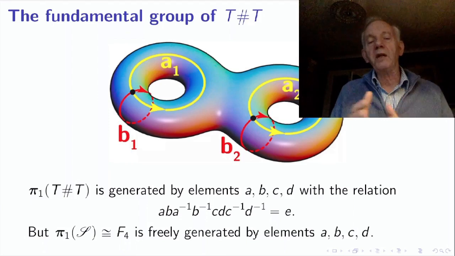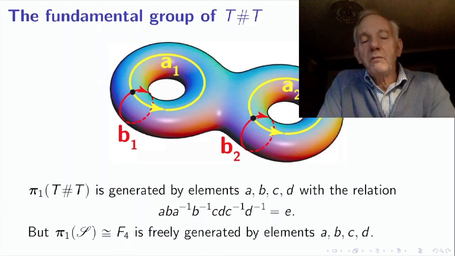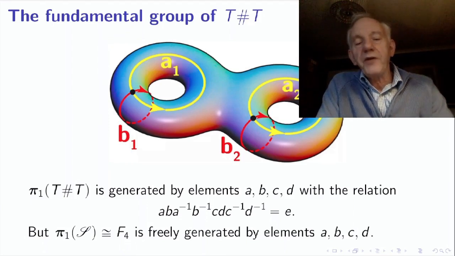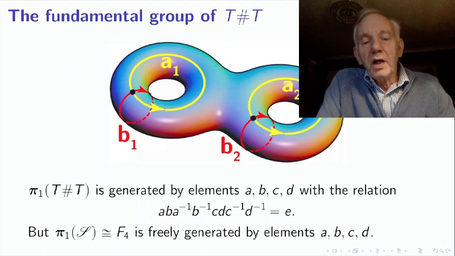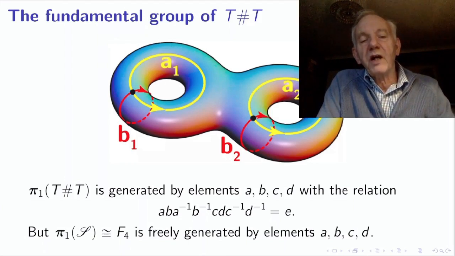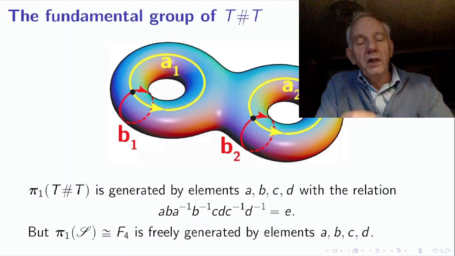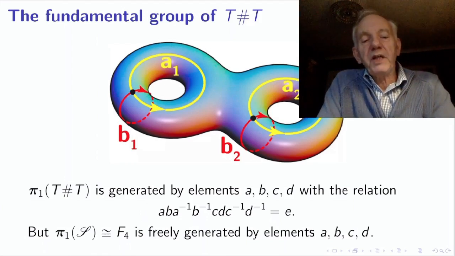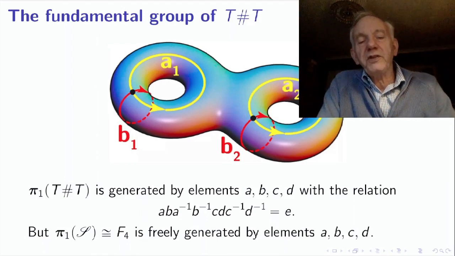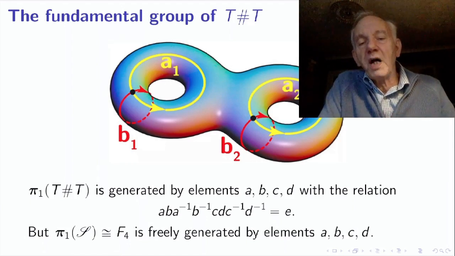These loops form elements in a group. You can multiply them by doing one and then doing the other. It's quite surprising that that's true, but you can, in theory, understand why by fiddling around. So this fundamental group is an infinite group. It's generated by these 4 elements, but they do satisfy one relation. Whereas if I were to remove my disk, things get much simpler.